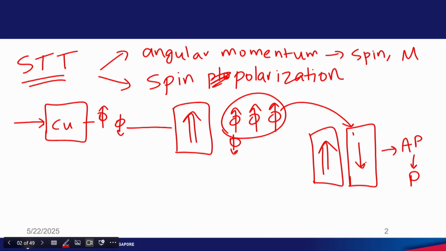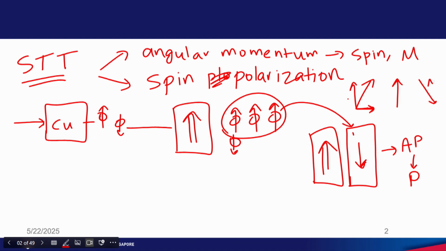Remember that torque will happen only when there is a component perpendicular to the magnetization. Either the spin should have some component along the direction which is perpendicular to the magnetization, or if the spin is like this, then the magnetization should have some component.